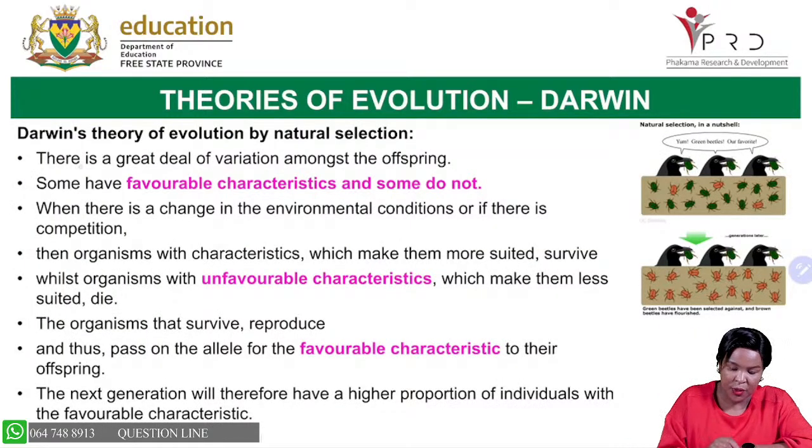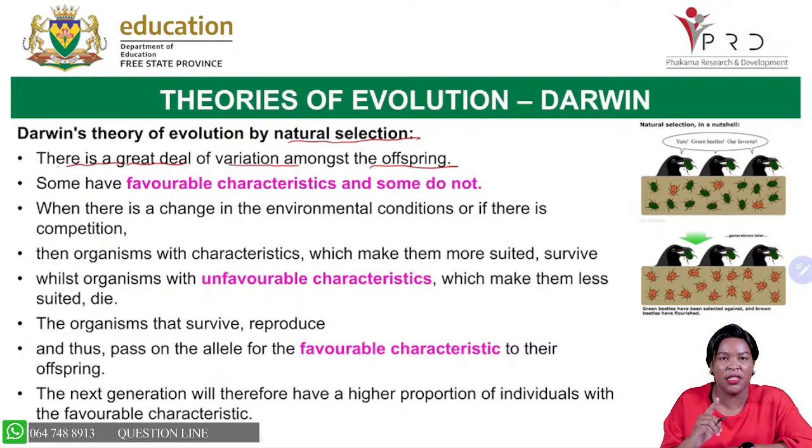Now, Darwin's theory of evolution by natural selection states that there is a great deal of variation amongst the offspring. You see, that is the first difference from Lamarck. Lamarck was talking about all of the organisms having the same characteristics initially.